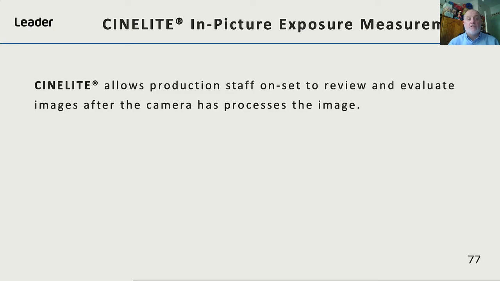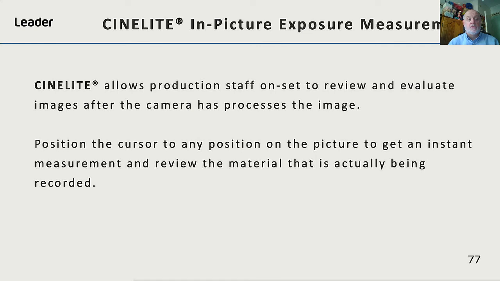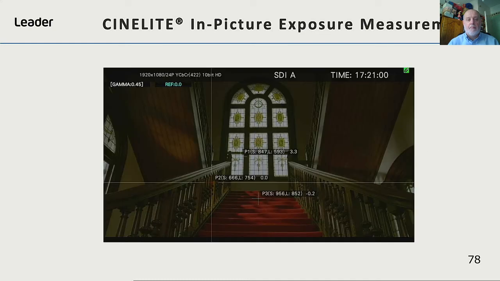CINELITE allows production staff on set to review and evaluate images after the camera has processed the image. Position the cursor to any position on the picture to get an instant measurement and review of the material that's actually being recorded. So here we have P2, which I'm setting as my 18% reference, and that's highlighted in red.